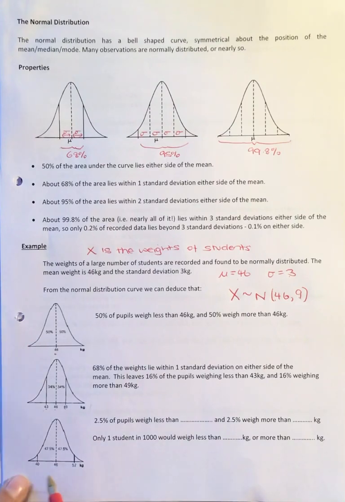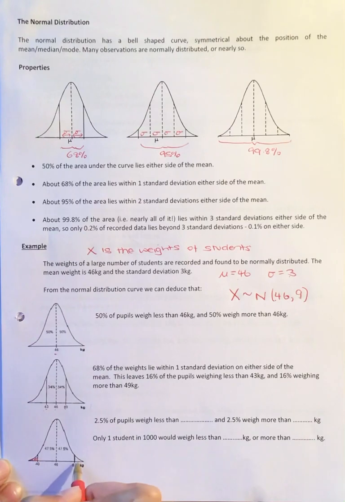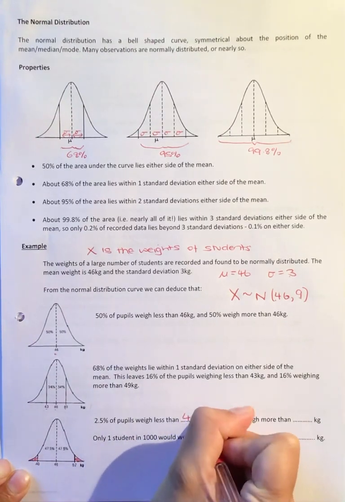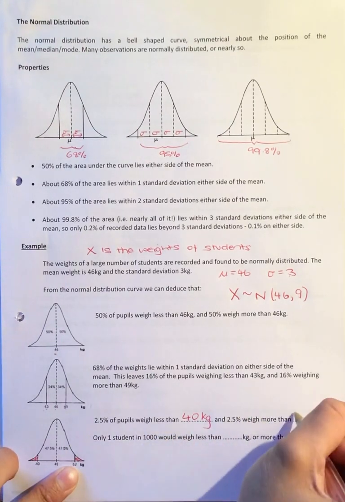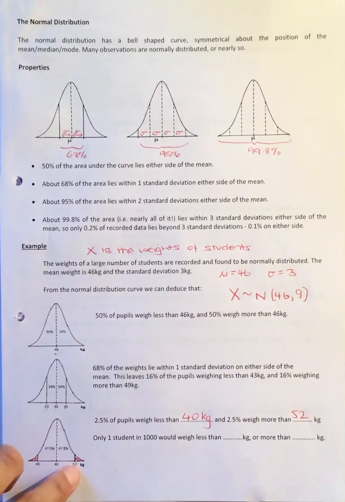So we just get those values from adding and taking away 2 lots of our standard deviation from the mean. So if we've got 95% within the 40 and 52, that means we've got 5% outside of that range. So that means we've got 2.5% here and 2.5% here. So 2.5% of pupils weigh less than the 40 kilograms and 2.5% weigh more than the 52 kilograms.